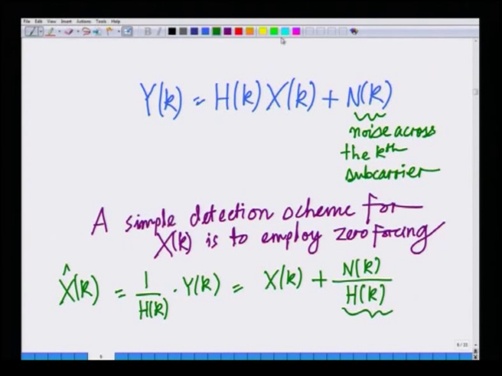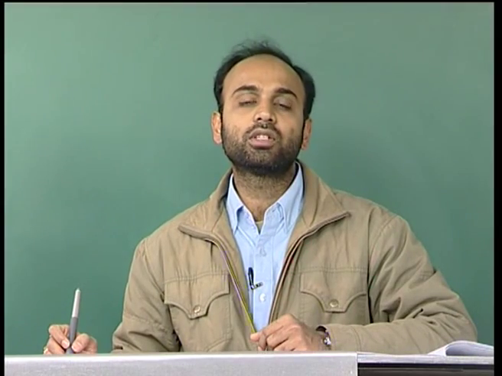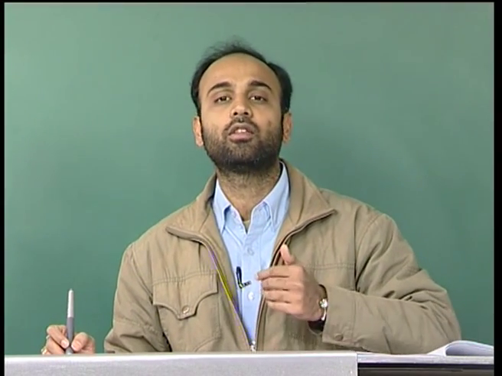This is nothing but some new noise n tilde k. So this is the zero forcing receiver used for detection at the OFDM receiver.